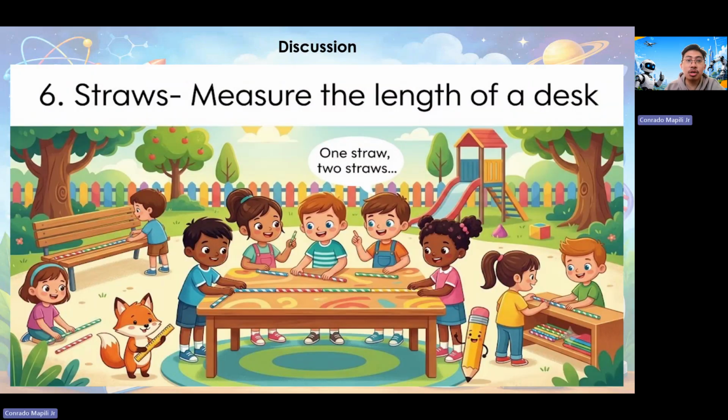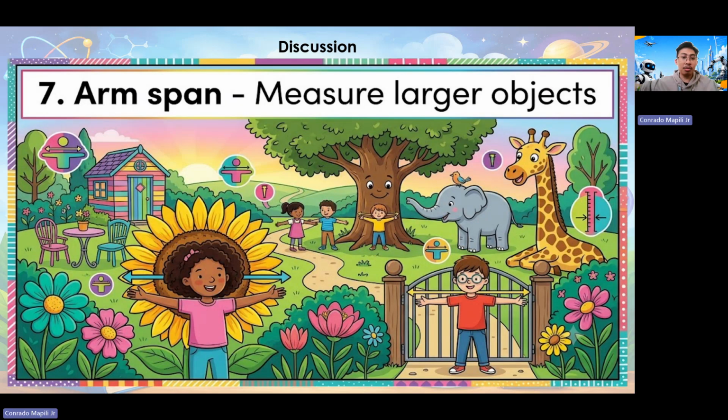Number 6, straws. Straws measure the length of a desk. And arm span, if you spread your arms wide on both sides, that is our arm span. It measures larger objects.